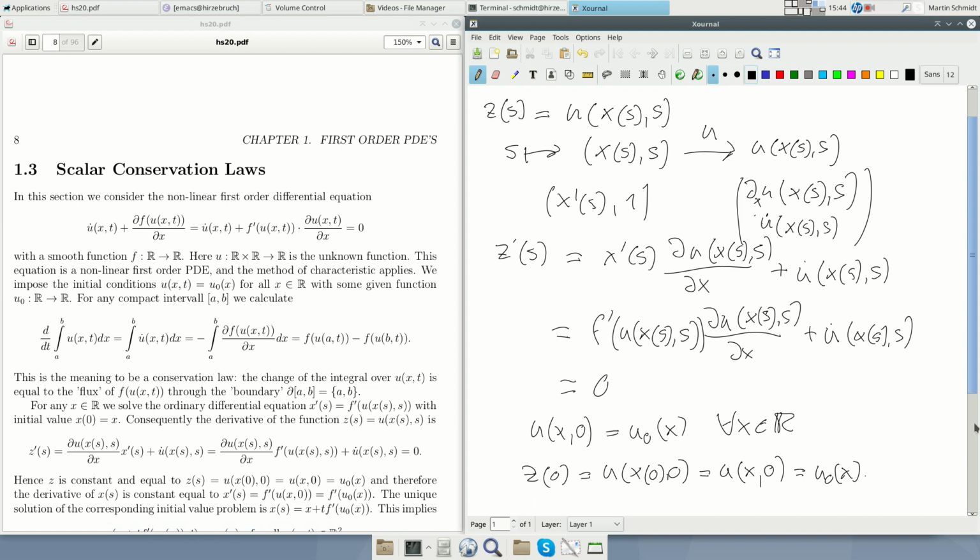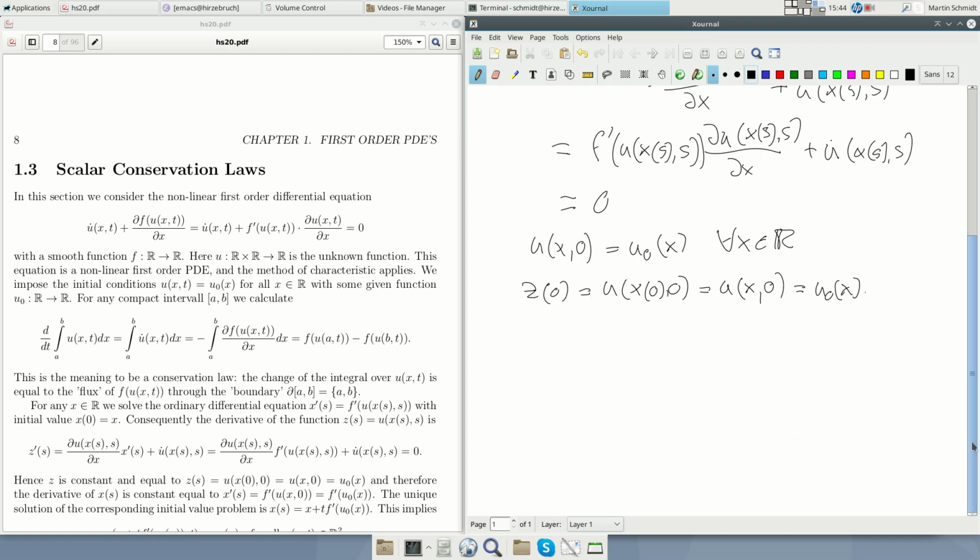So we see that z of s is equal to u0 of x for all s, as long as the solutions exist.